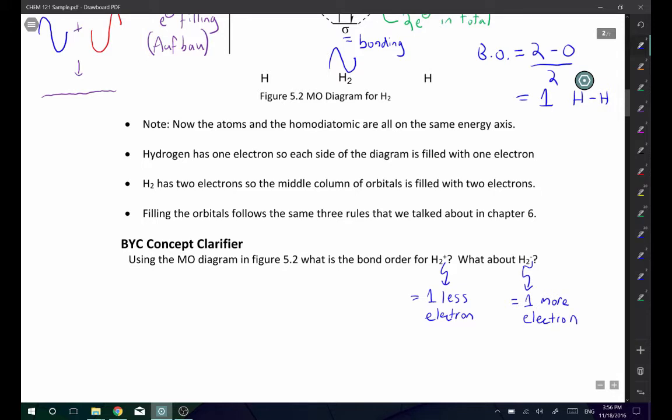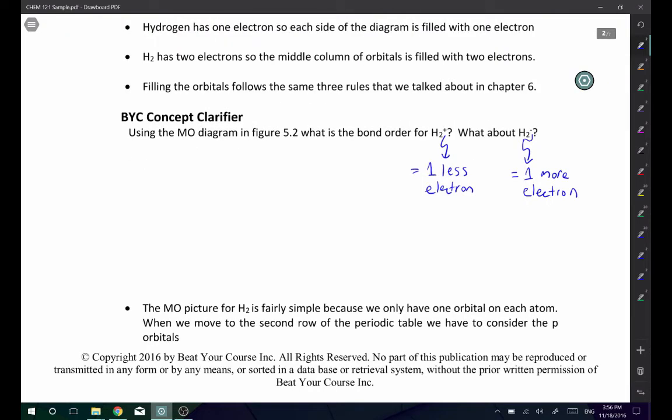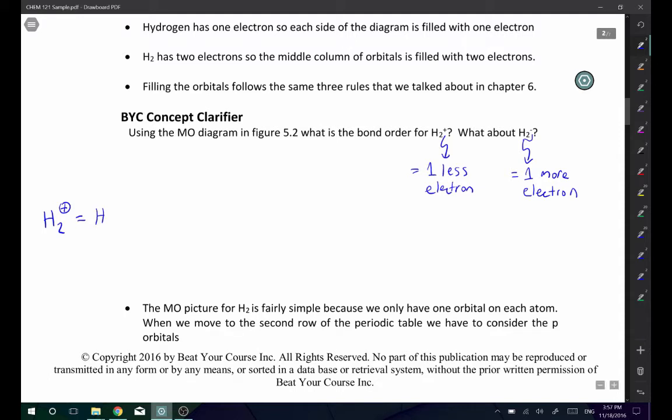Now, if you were to do the molecular orbital diagram for H2+, how would you do that? So let's say you had to do this. If you had H2+, the way to draw molecular orbitals for charged molecules is you simply split it up. And now you know that you're going to add them anyway, so it doesn't really matter. You can say that this is going to be H plus a neutral hydrogen atom.